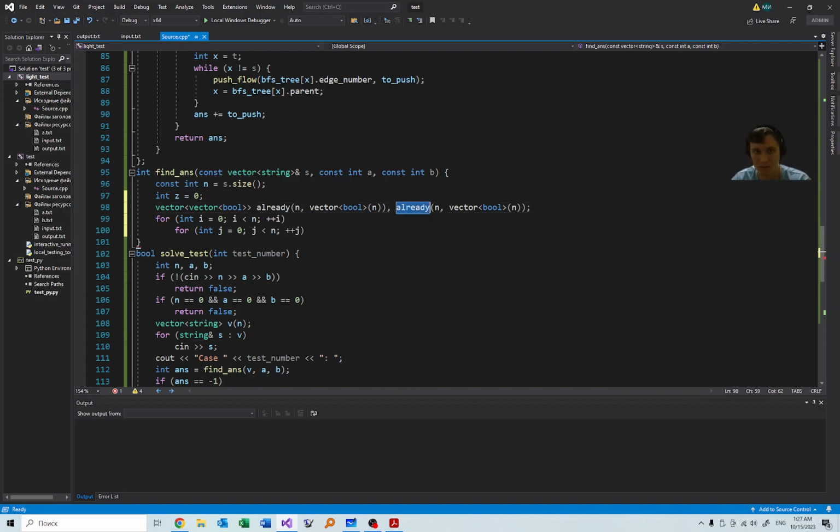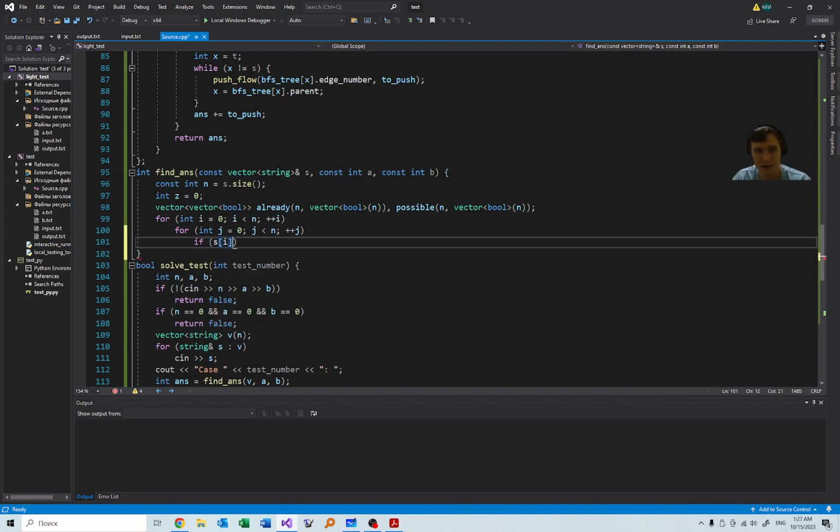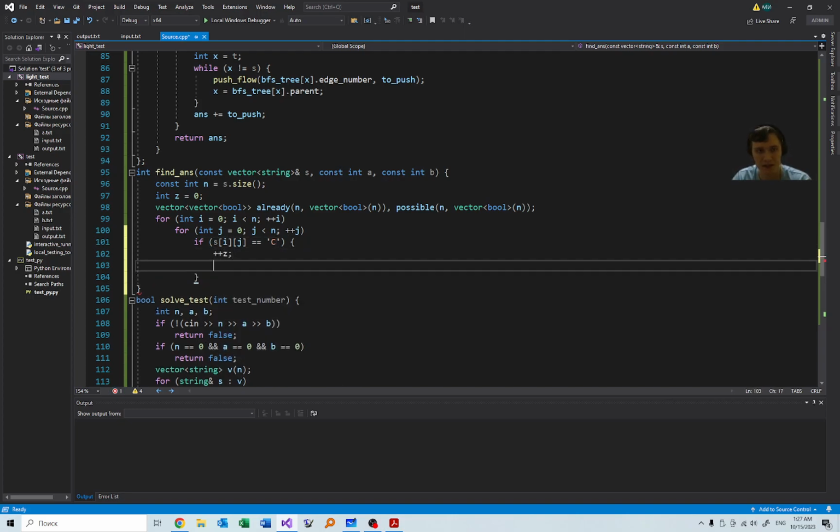So if Sij equals C, then we say plus plus C, and already ij equals true.